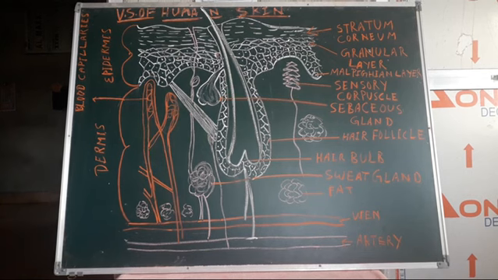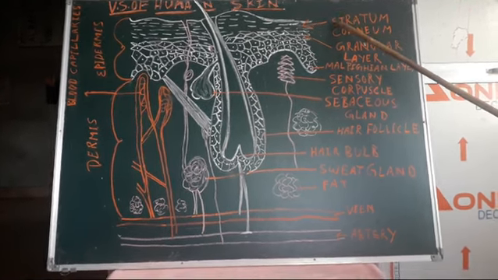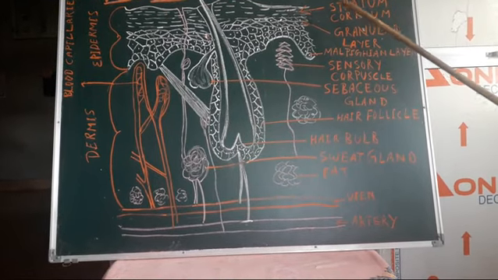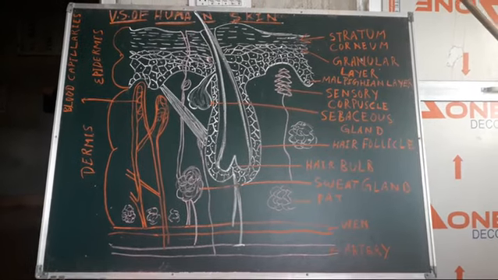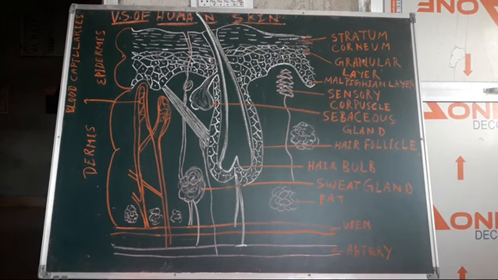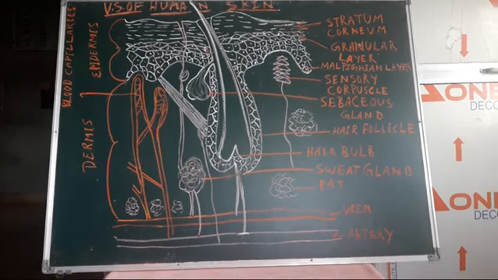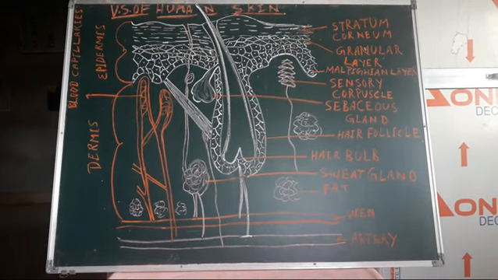So these are the three layers of epidermis: stratum corneum, granular layer, Malpighian layer. I already explained this. Please go through it, learn. And the next is two abnormal conditions of the skin pigment: leukoderma and albinism.